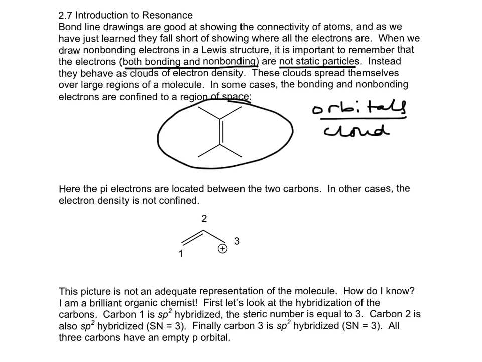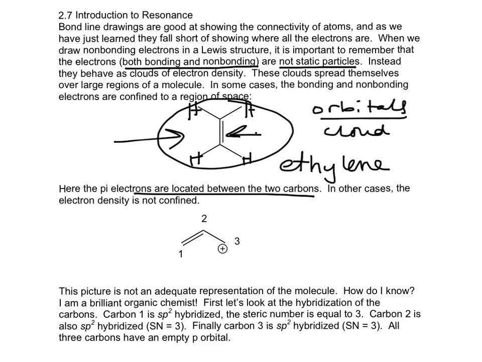And so sometimes, as is shown here with ethylene, and it will become ethylene as soon as I draw those hydrogens in. Okay. We have 2 carbons here with a pi bond, and that pi bond is located between the 2 carbons.